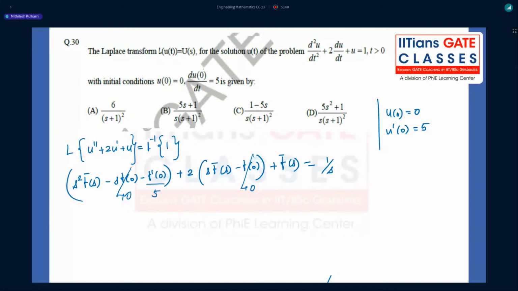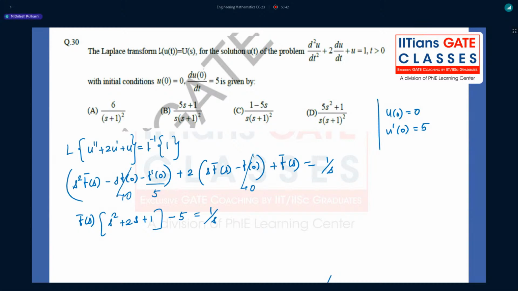Now if you take the terms which are the coefficients of f bar of s, what we'll get is f bar of s into s square plus 2s plus 1, and minus 5 also you are getting here, and that is equal to 1 upon s.